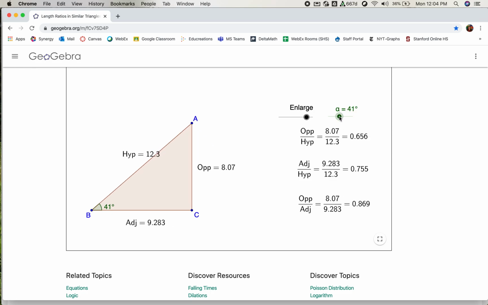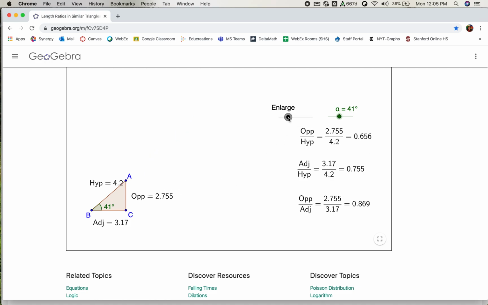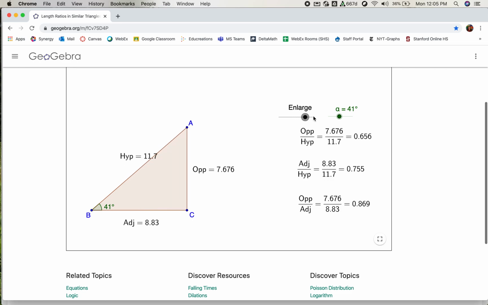If I make the angle bigger, now these ratios change, but I can still shrink and dilate that triangle, and they're constant for that 41-degree angle. So as we move forward, if I take the sine of 41, my calculator should give me 0.656. That's that constant opposite over hypotenuse ratio for any 41-degree angle.